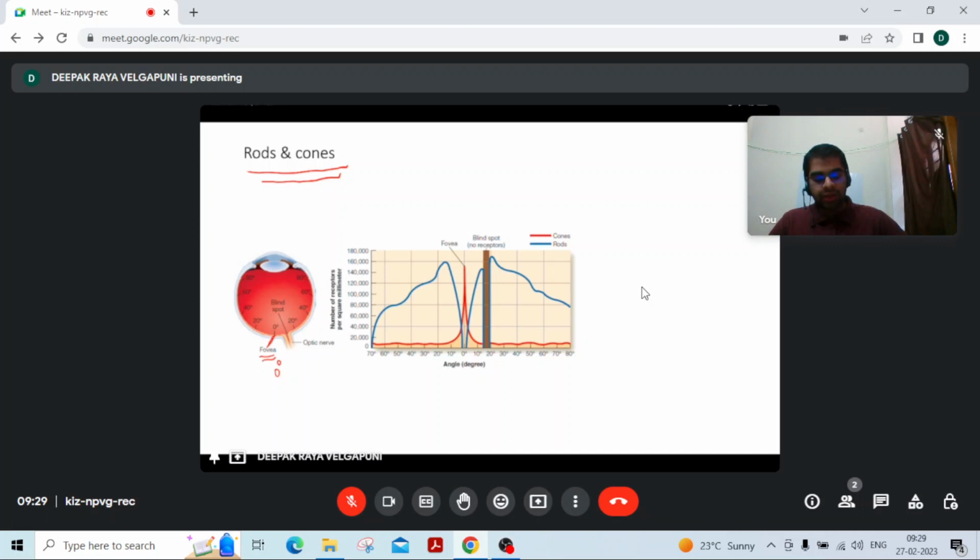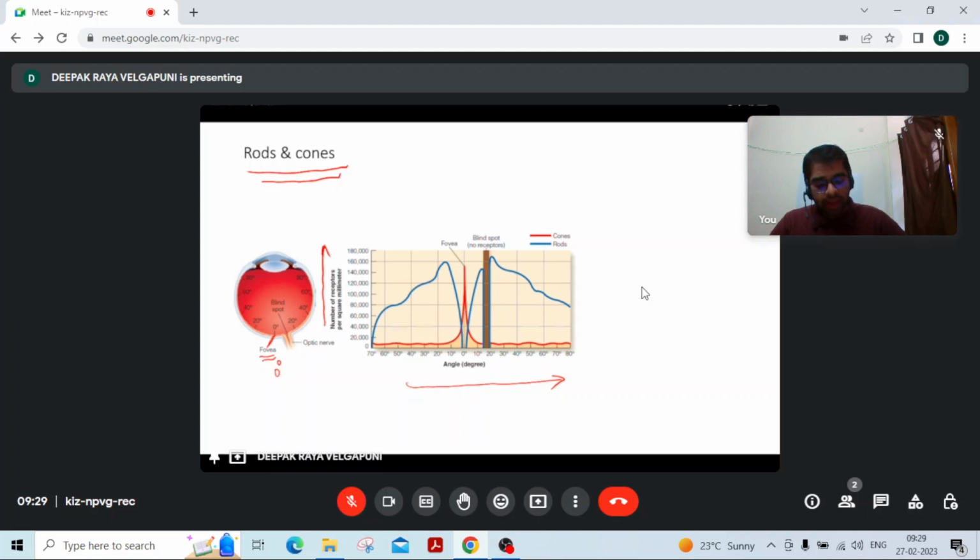The distribution of these receptors is different on the retina. Here you see a graph where the x-axis shows the degree of deviation from the fovea, and the y-axis shows the density of the types of cell, either rods or cones.